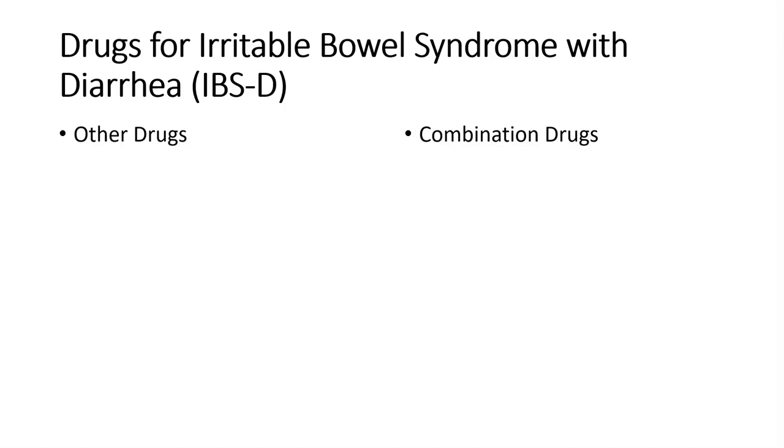And your book lists out the different types of drugs that could be used for that. Donnatal is one of the drugs that has atropine, which is an anticholinergic, hyoscyamine, which is an anticholinergic, antispasmodic, scopolamine, which is an anticholinergic, and then phenobarbital, which slows everything down. It's a CNS depressant. So lots of different things to stop the diarrhea.